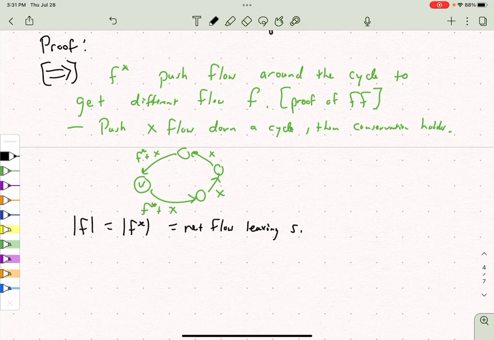This is especially clear if the cycle doesn't touch S, then it's obvious.